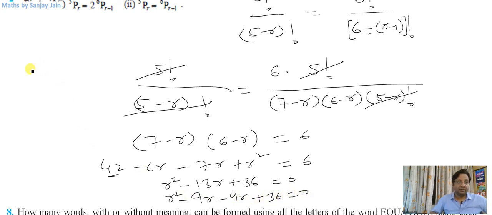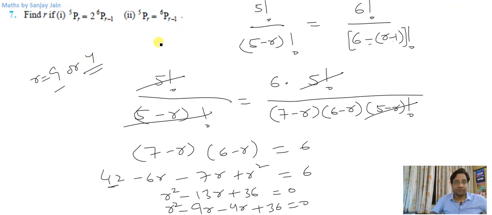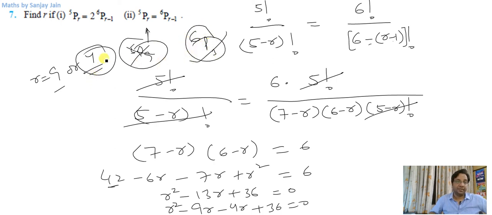So r can be either 9 or 4. Out of these, 4 is the only acceptable answer because 5P9 is not a valid option. 5P4 is valid, 6P3 is a valid answer. So yes, r is equal to 4 for the second part.